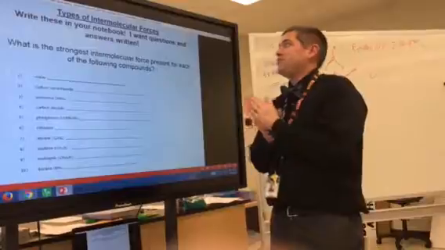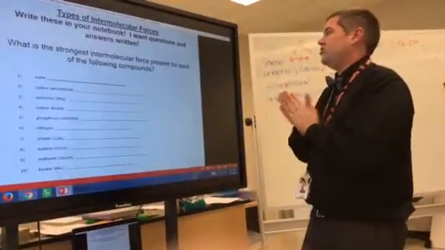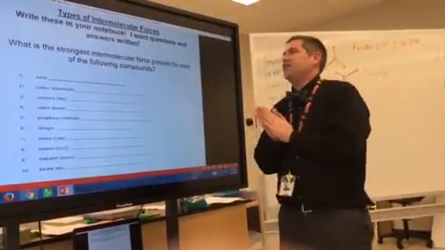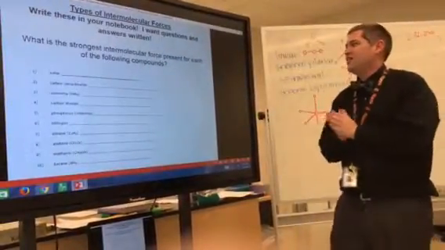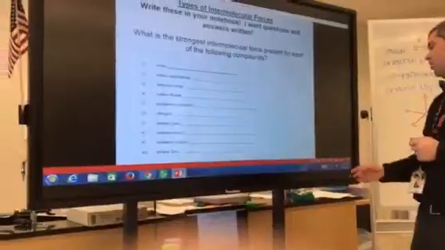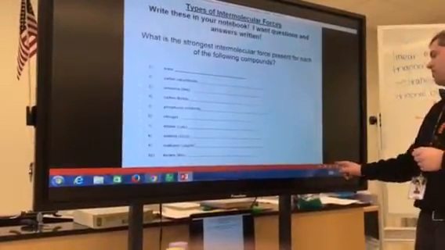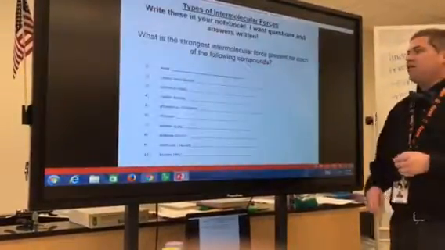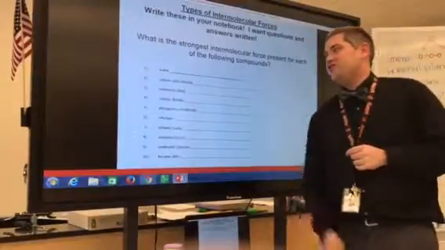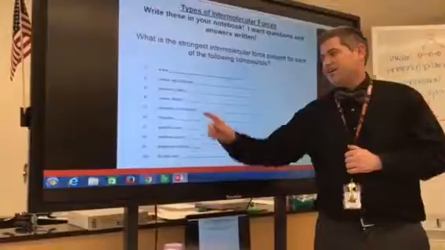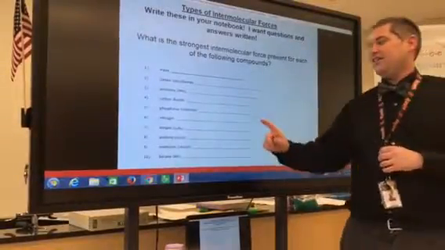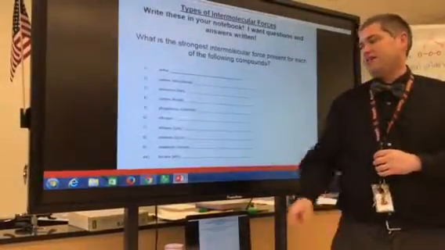Write types of intermolecular forces. Write these in your notebook. I want questions and answers written. What is the strongest intermolecular force present for each of the following compounds? Water, carbon tetrachloride, ammonia, carbon dioxide, phosphorus trichloride, nitrogen, ethane, acetone, methanol, and bromine.